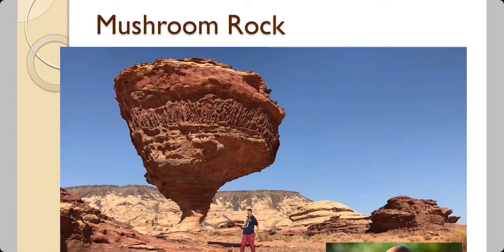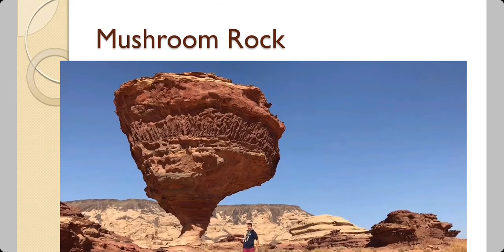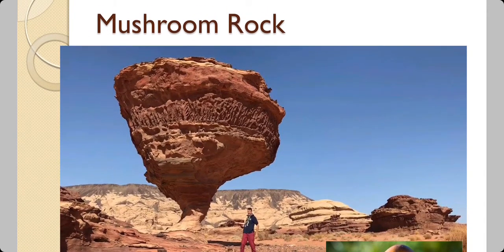Can you guess why the wind does more activity at the base and not at the top of the rock? If you don't know the answer, let me tell you. Because of the temperature difference. If the temperature of the wind is higher, the density will be lower and the wind will be flowing at a greater height.